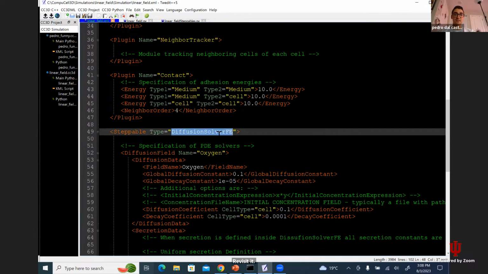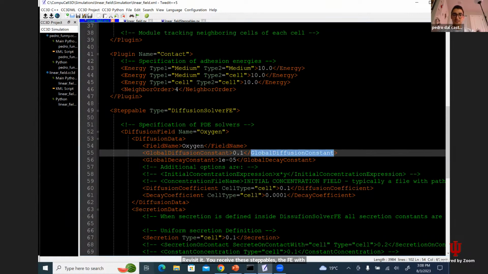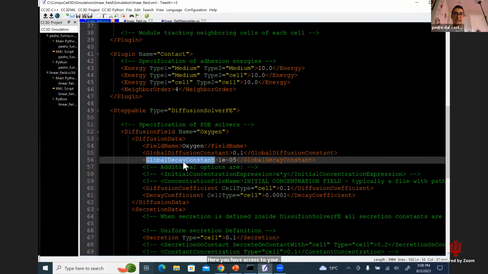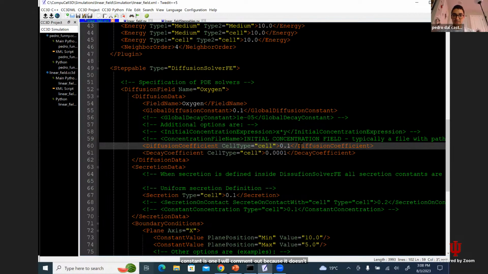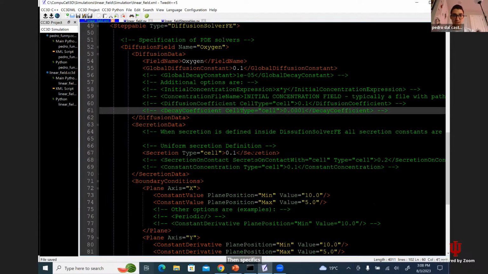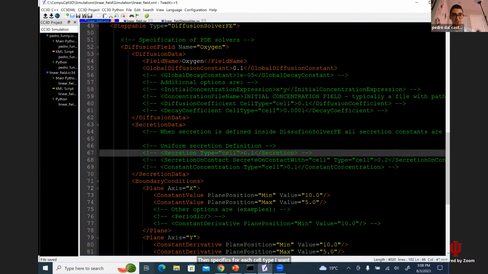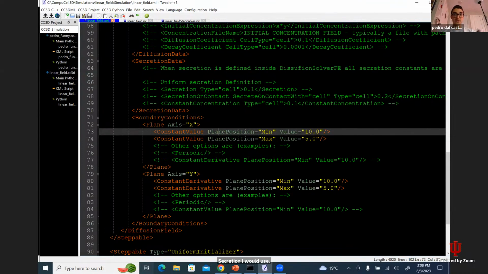Okay, so in the XML, as I told you in the previous lecture, but I will revisit it, you receive these steppables, diffusion solver FE, with the name of the field. Here you have access to your global diffusion constant and your decay constant. This one I will comment out because it doesn't matter here. Then specifics for each cell type, I won't use it yet. Secretion, I won't use. And here are the boundary conditions.